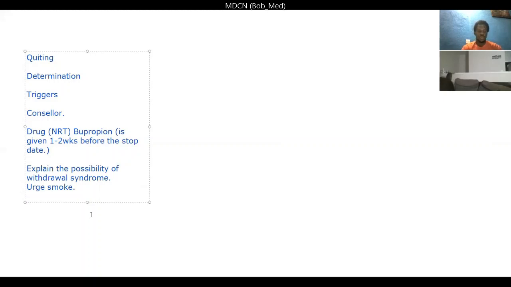So urge to smoke, increased appetite. Then might experience things like depression. When they go into depression, they might start waking up at night, night awakening, poor concentration, and maybe lightheadedness or light headache.